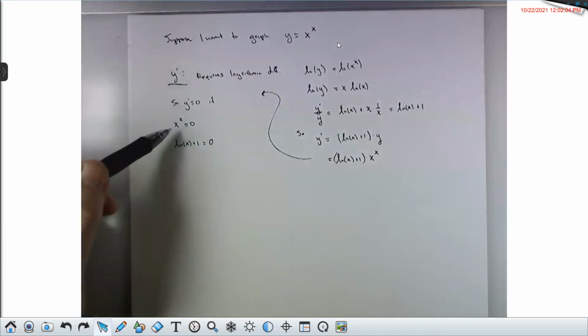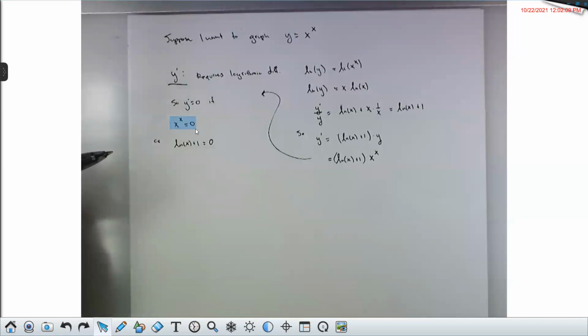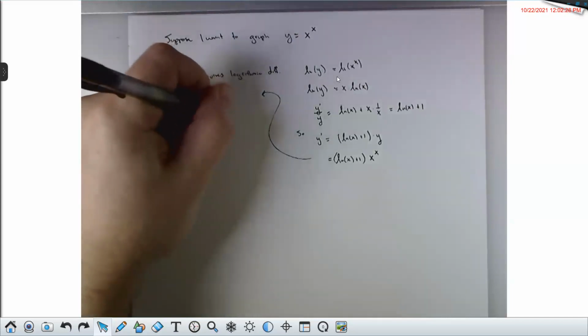This first guy, turns out there's no solutions to this. You can kind of try to think about what solutions to this might look like. The only candidate would be 0 itself, right? If you take a non-zero number and raise it to a non-zero power, you're never going to get 0. And if you try to plug in 0 itself, well, that's the limit we just took. So this guy has no solutions.